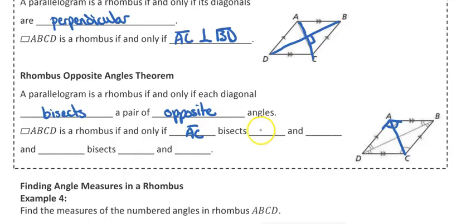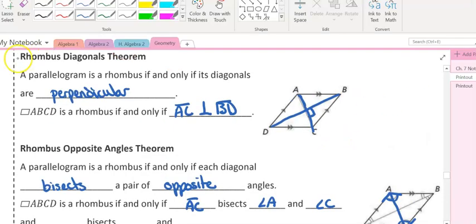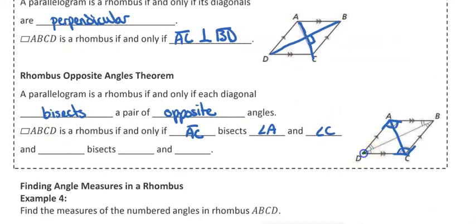So it bisects angle A and angle C. And then, let's switch colors here, this diagonal DB or BD bisects opposite angles B and D, so it cuts each into two equal parts.